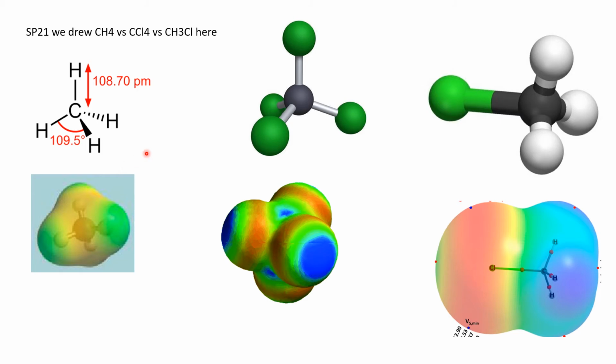As compared to, here we have carbon tetrachloride. So consider the green one to be a chlorine and the black to be a carbon. Now, in this case, the electronegativity is different enough that this is a very polar covalent bond. This one's polar. This one's polar with the negative end out here towards the chlorine in each case. This one's polar, and that one back there is polar. And here's an electrostatic map of that molecule.